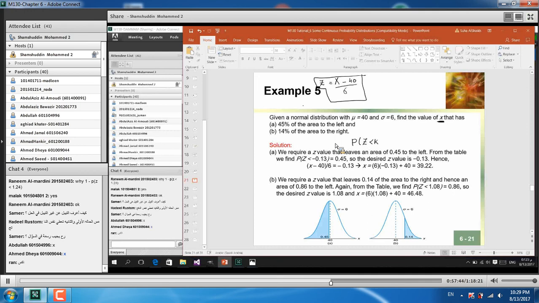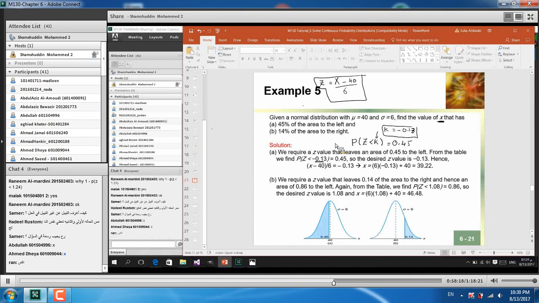So z less than something is equal to 45%. 45% means 0.45, right? This is what I can find in the table. They give me the question in x, but the table will give me z. When you search the table, you will get that your k here is equal to minus 0.13.